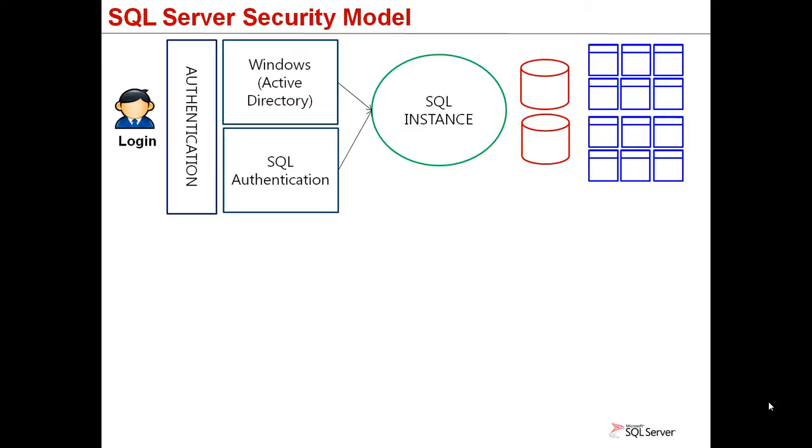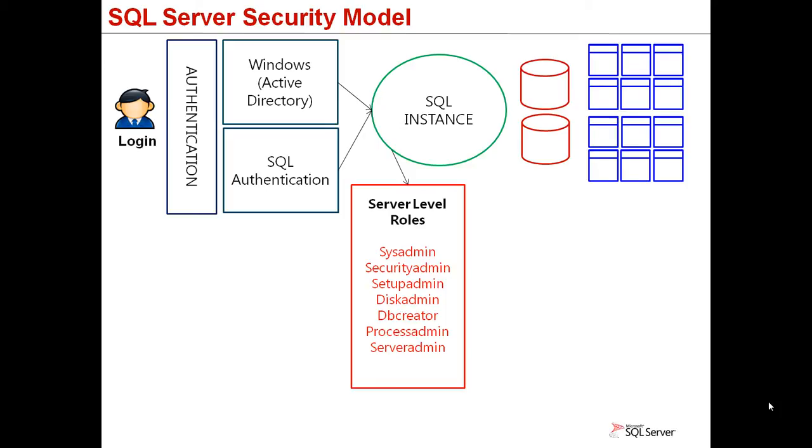And then we have the SQL authentication, where the user needs to input his or her password, because in this way the login is created inside SQL Server and does not interact with the operating system. The SQL authentication is normally used by third-party applications that require connection to the database server.